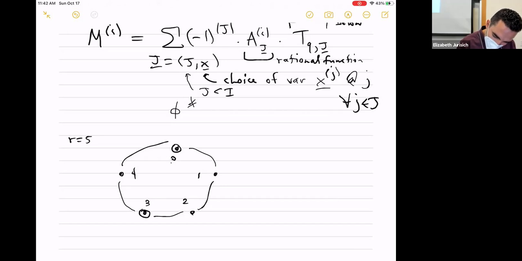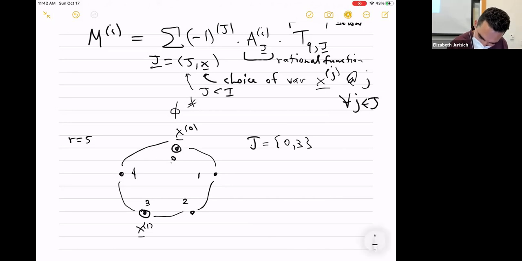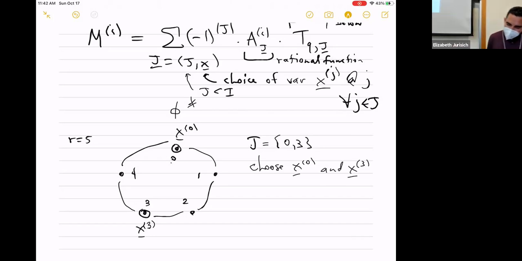So J is {0, 3}. And so what I'm doing is I'm going to choose an x0, and I'm going to choose an x3.